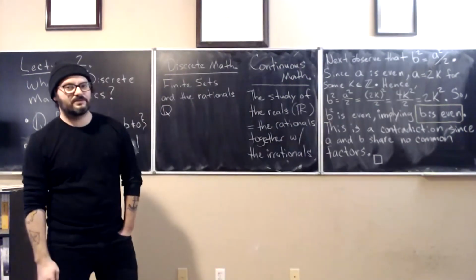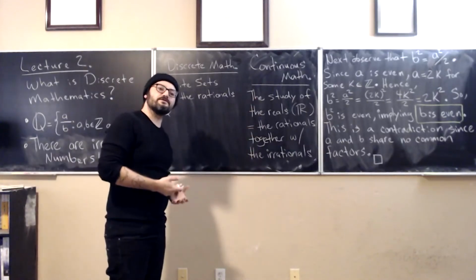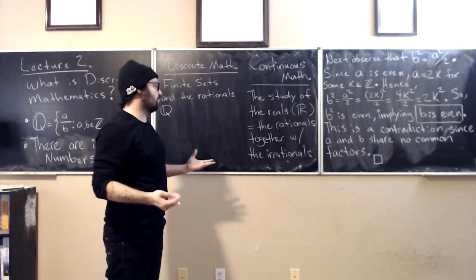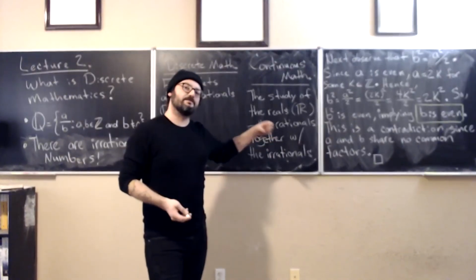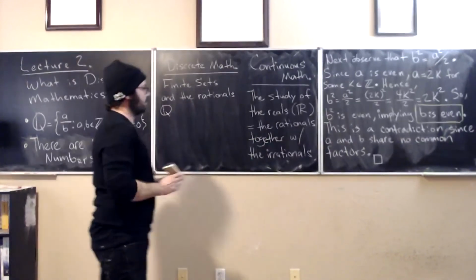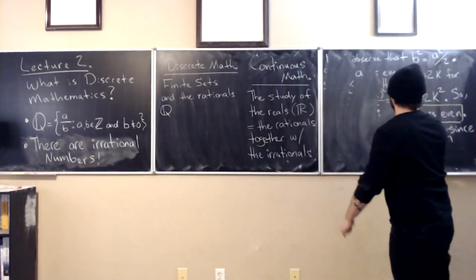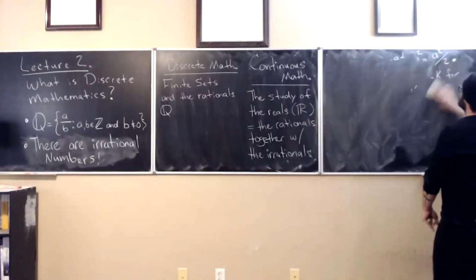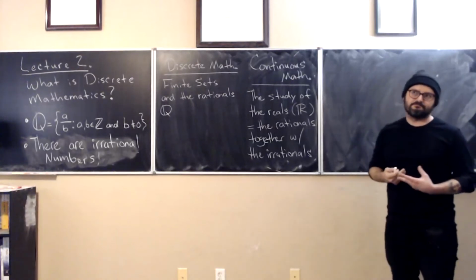Now, this might not seem like that much of a difference, the rationals versus the rationals with the irrationals, but it's a huge difference. And it has to do with that fact I stated earlier, that there are way more irrational numbers than rationals. In continuous mathematics, when you're looking at the real numbers, the rationals together with the irrationals, you're dealing with what's called a dense real number line.